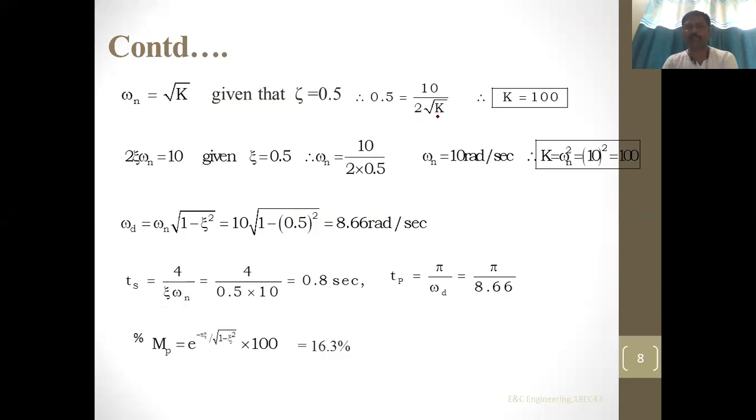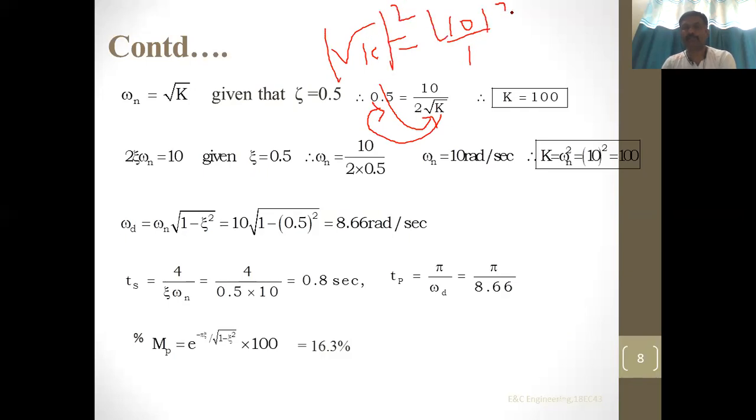Now I'll cross multiply. I take this root K over here and 0.5 to the denominator. Then root K is equal to 10 divided by 1. Next, to avoid this root, I'll square on both sides. The square and square root cancel. K is equal to 100. 10 square is 100. Thereby, the value of K is 100.